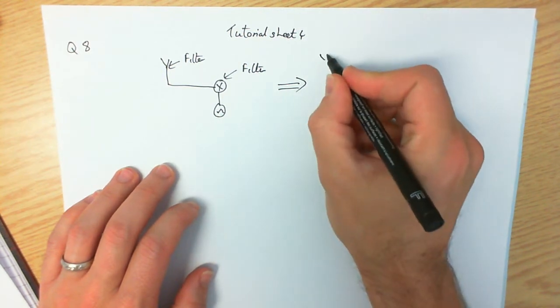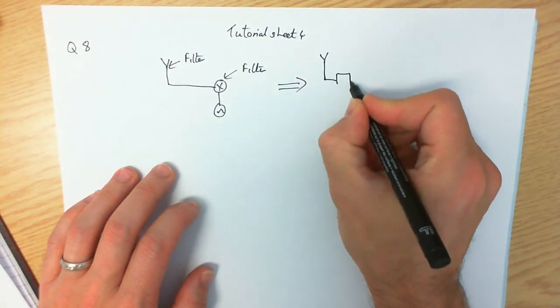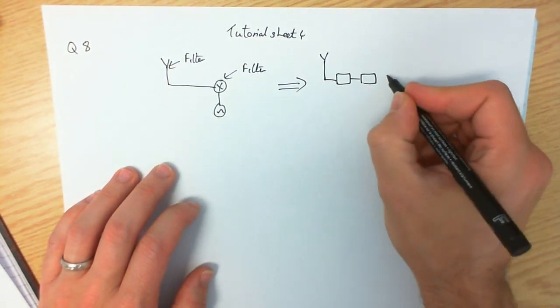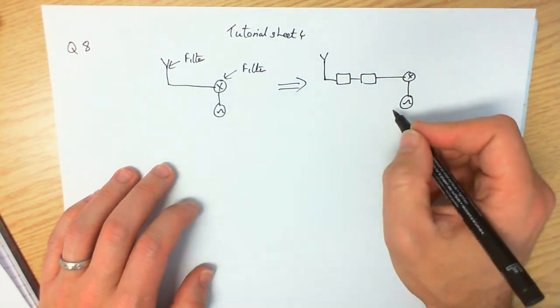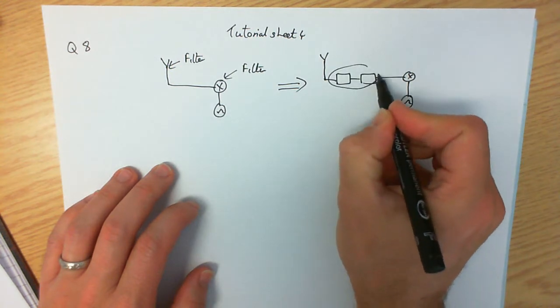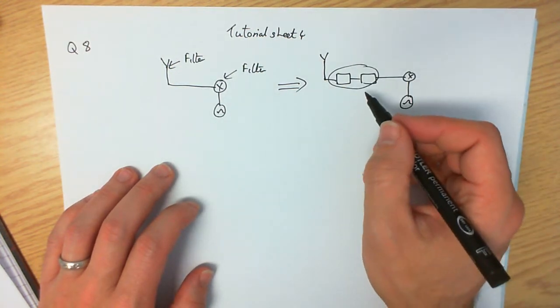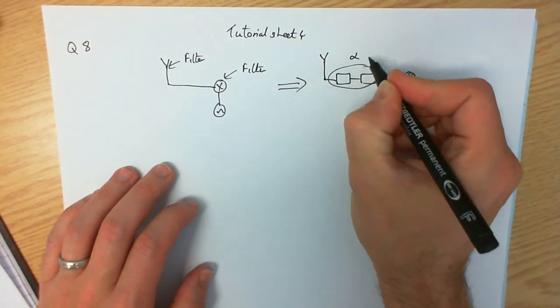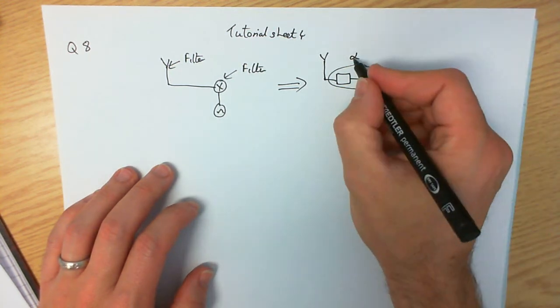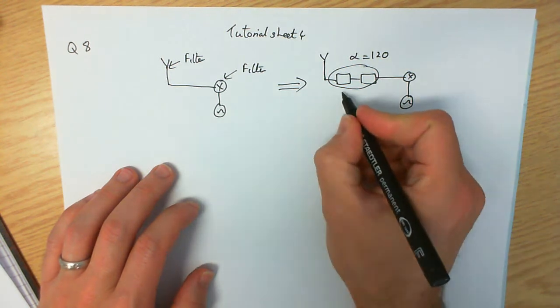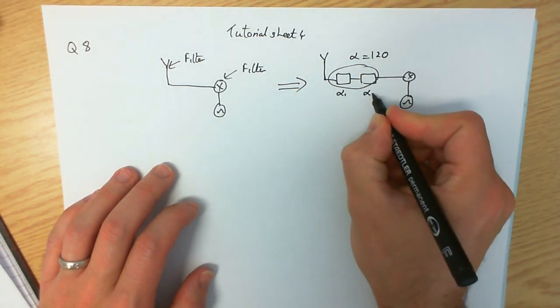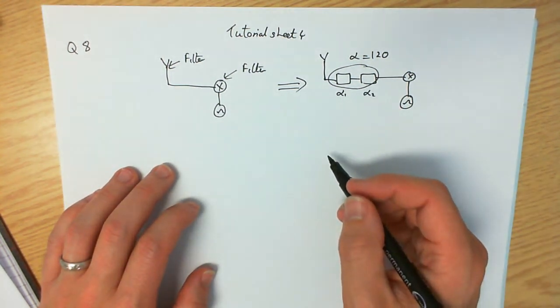So essentially what we've actually got is our antenna going into two filters before it gets to our mixing stage. And the overall effect of that filter is to have an image rejection ratio, which I'm going to call alpha, which has got to be equal to 120, and that's made up of alpha 1 and alpha 2.